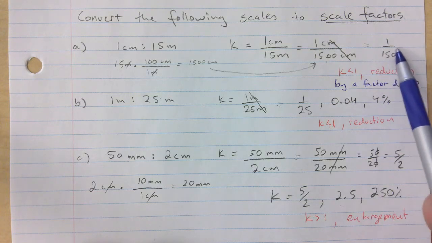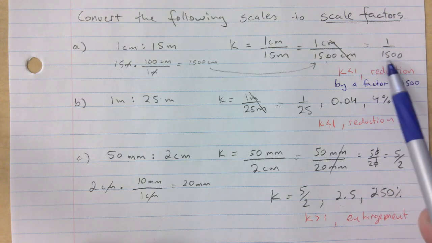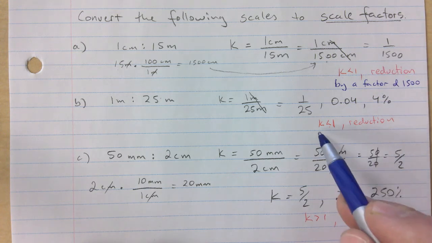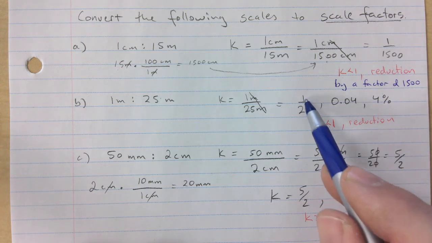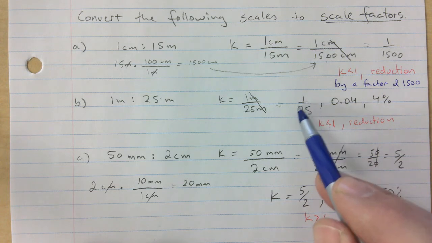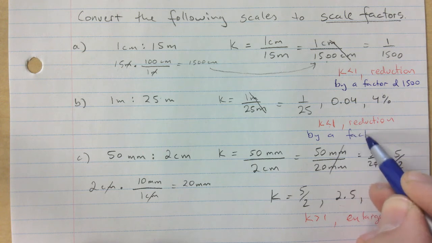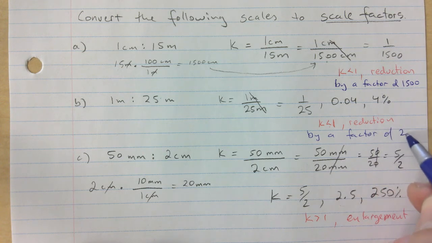You just look at how many times has it been reduced. It has been reduced by a factor of 1500. On this one, you look at the fraction. You want the 1 on there, and here by a factor of 25. So B has been reduced by a factor of 25.